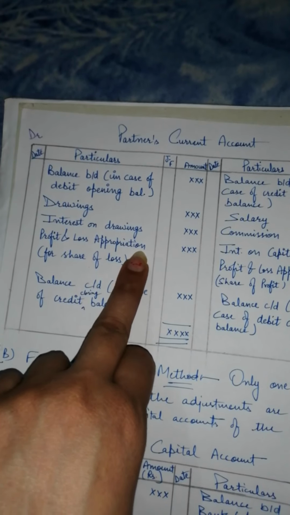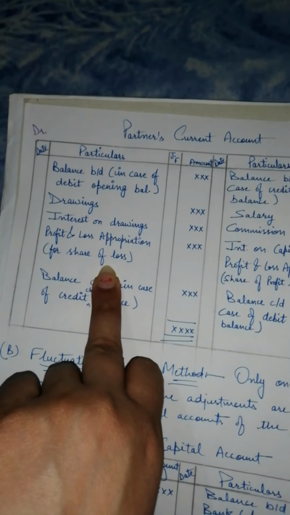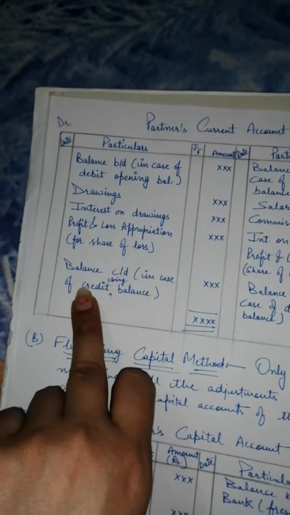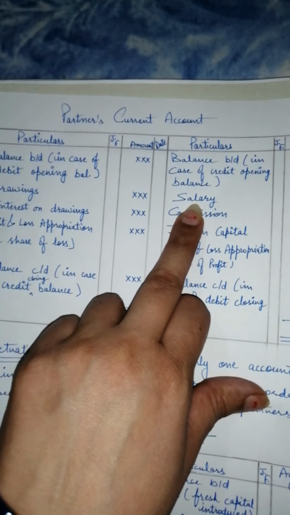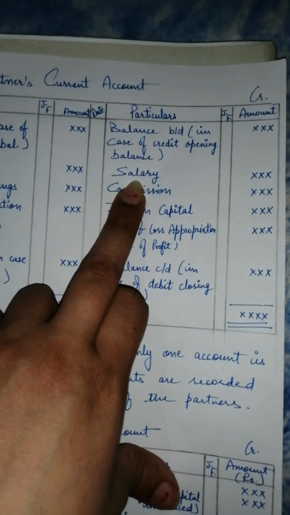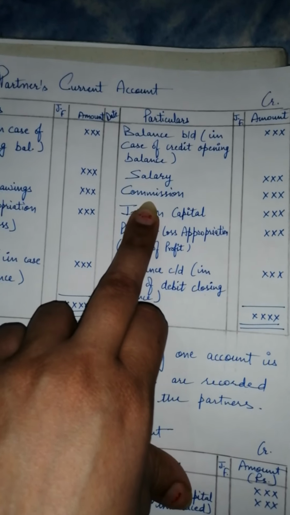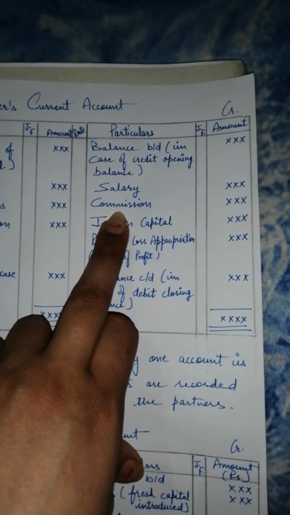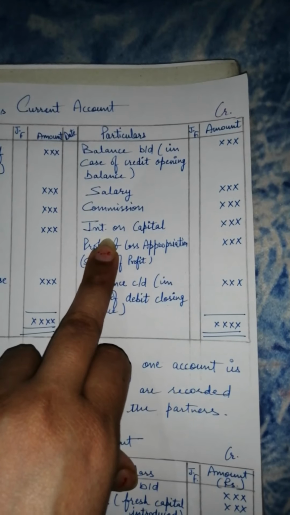Profit and loss appropriation, in the case of loss, we will show it on the debit side. Next, if salary is given to the partner, then it will be shown on the credit side. If commission is to be given to the partner, then it will be shown on the credit side.